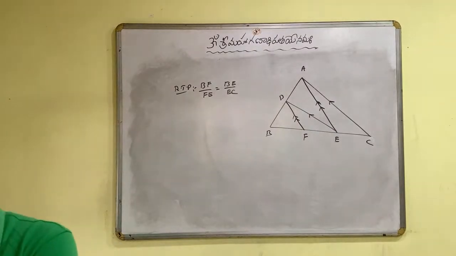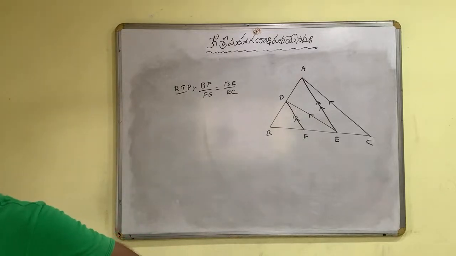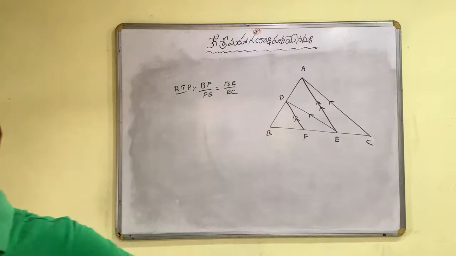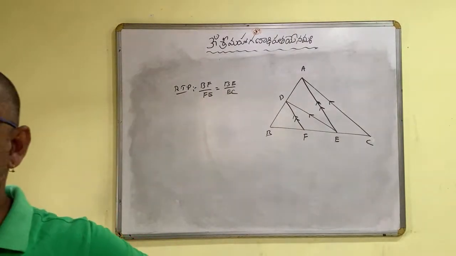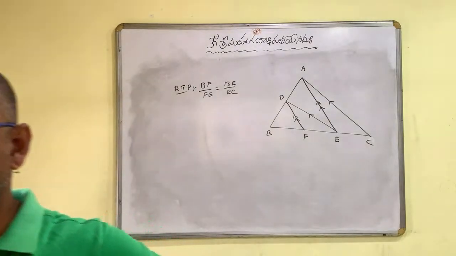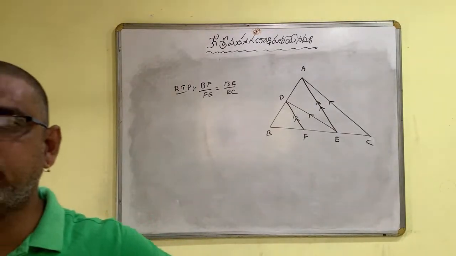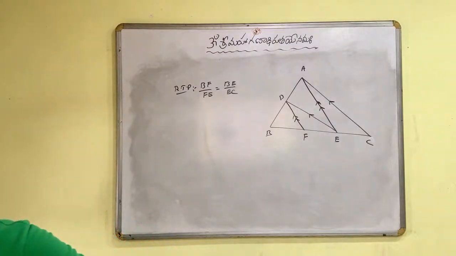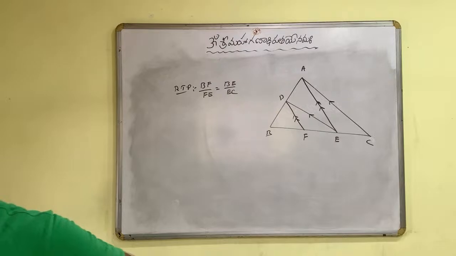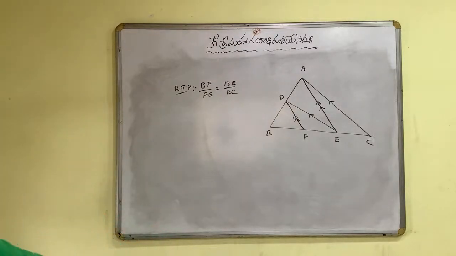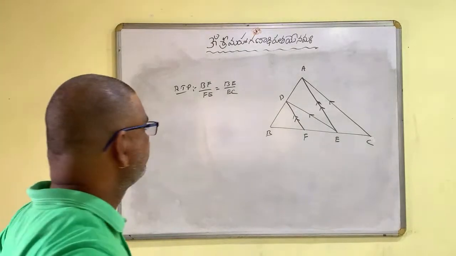See, double arrow marks, DF and AE, they are parallel. Double arrow marks are there, na? They are parallel, DF and AE. And single arrow, DE and AC, they are parallel. And what we have to prove? BF by FE equal to BE by EC. Okay, na?